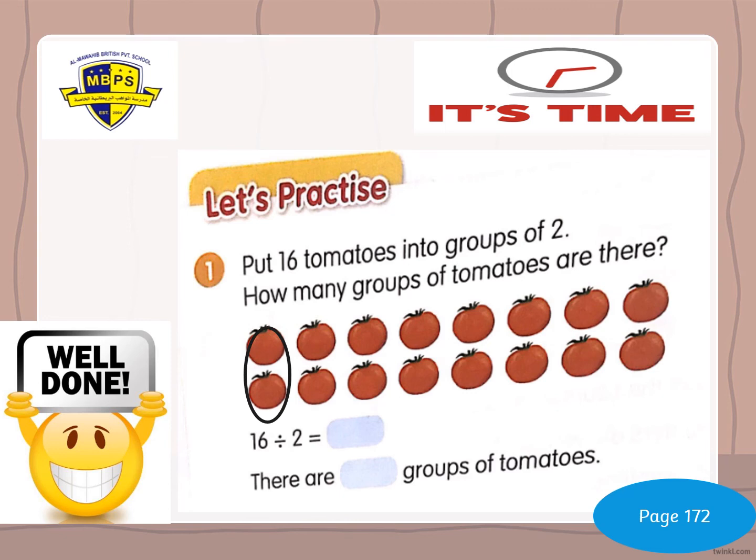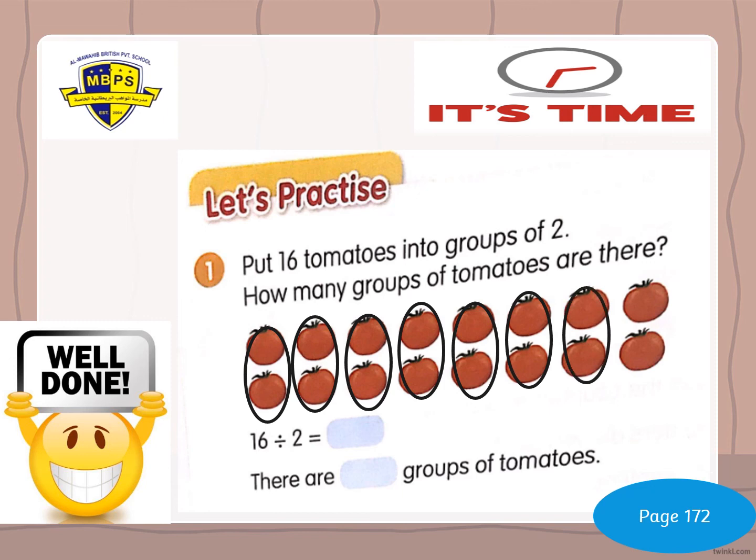You can start with me. Draw a circle around each 2 tomatoes until you finish all the tomatoes. Now we finished. Could you count how many groups you have? Start to count.